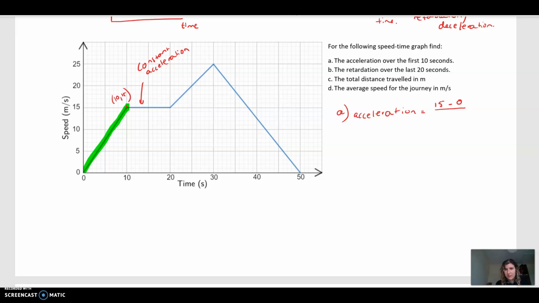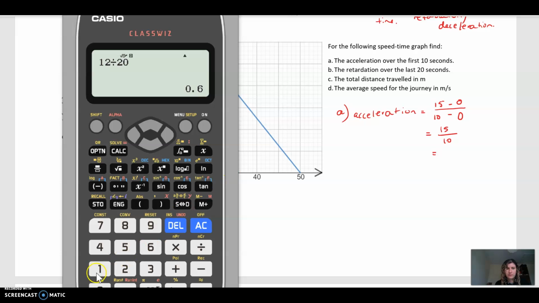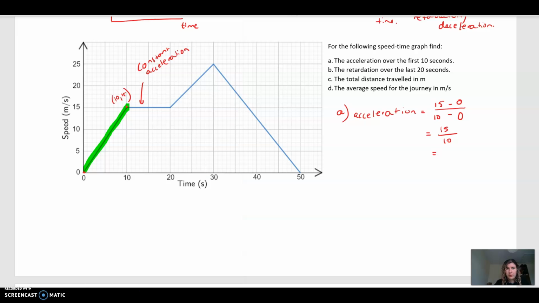And our smallest time down here is at 0, 0. Okay, so we can now work that out. So 15 divided by 10 is 1.5. And our units are meters per second squared for acceleration. Okay, so acceleration units are the same as your speed units, but you've got a squared on the end of that there.